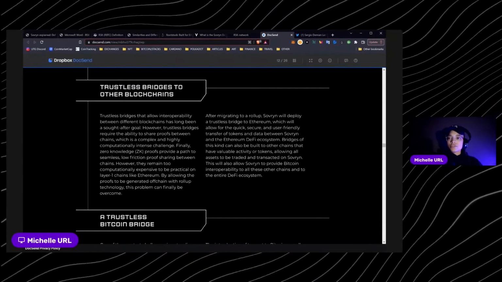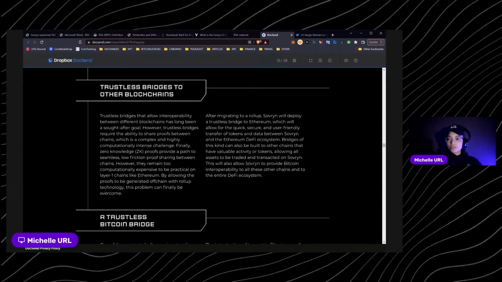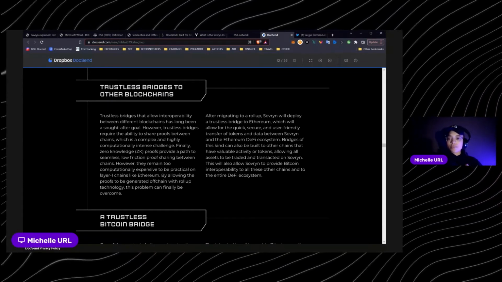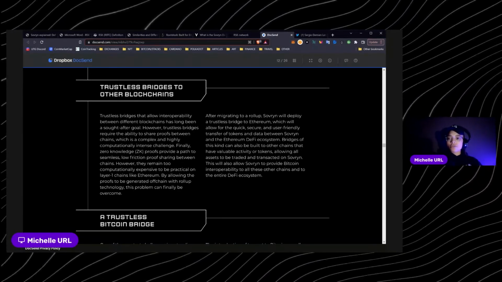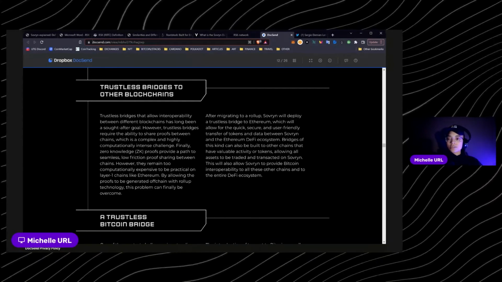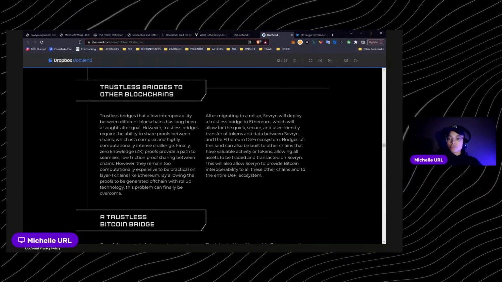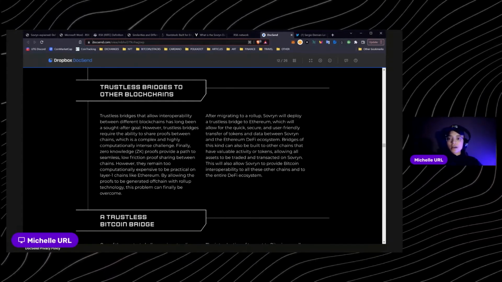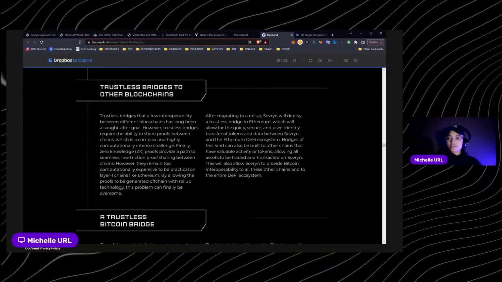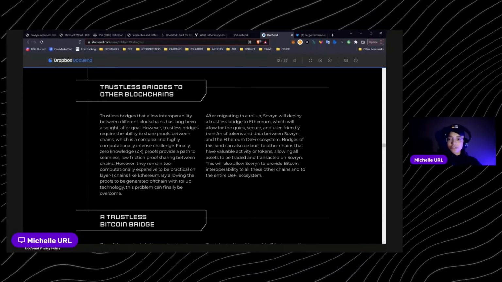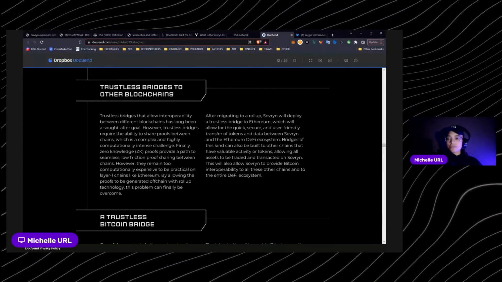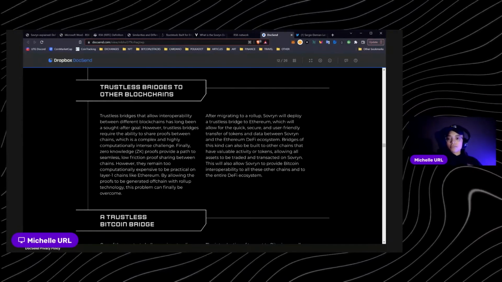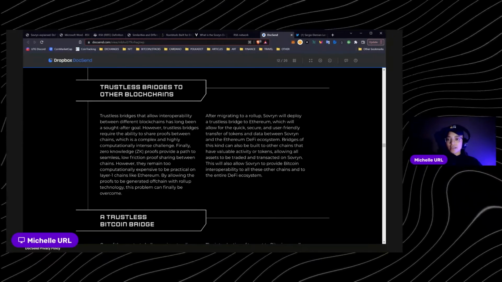Trustless bridges to other blockchains. Trustless bridges that allow interoperability between different blockchains have long been a sought-after goal. However, trustless bridges require the ability to share proofs between chains, which is a complex and highly computationally intense challenge. Finally, zero-knowledge proofs provide a path to seamless, low-friction proof sharing between chains.